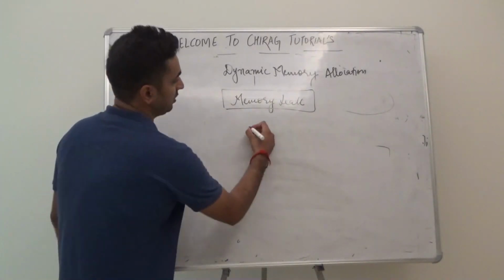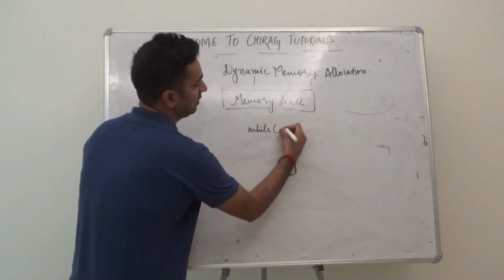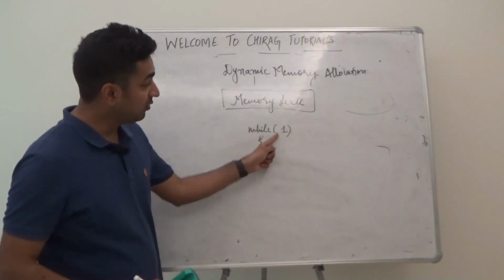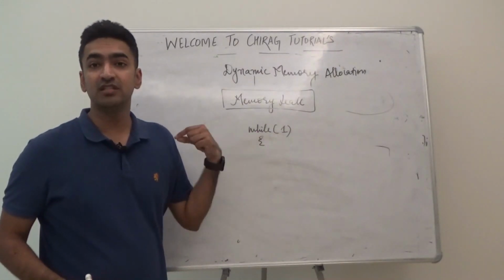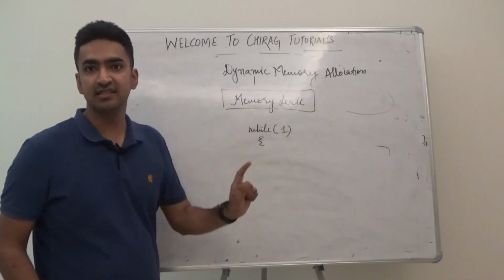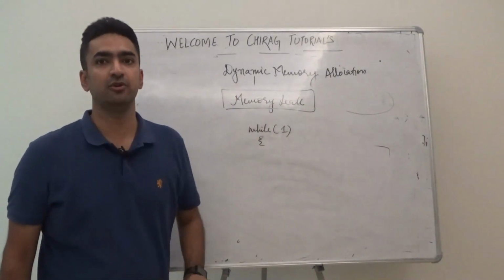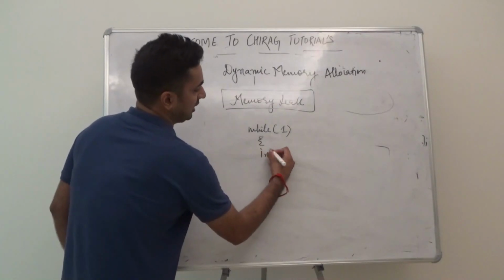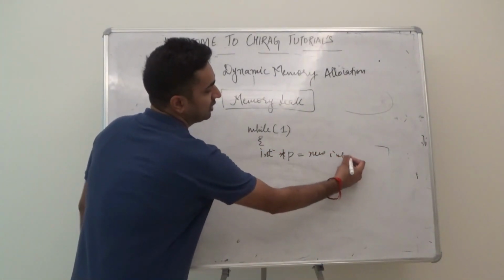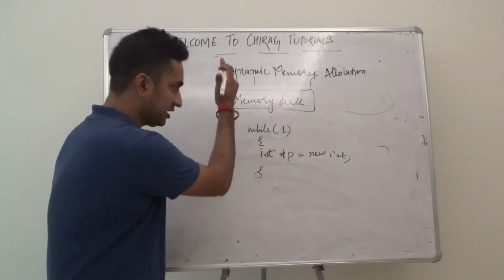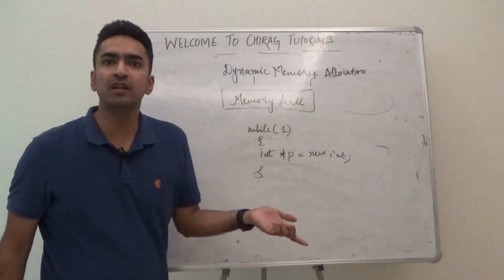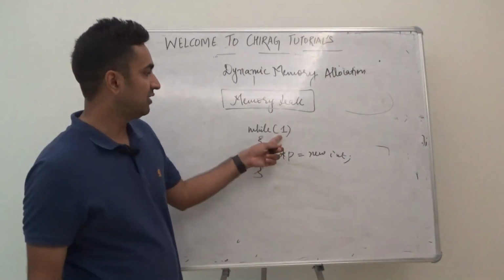For example, I use while 1. While 1 means it will always be executed. Any nonzero number written over here, it means the while loop will execute. And I have just written int star p is equal to new int. So how many times will this while loop work? It will work infinite times, because 1 will never be false. It will always be true.